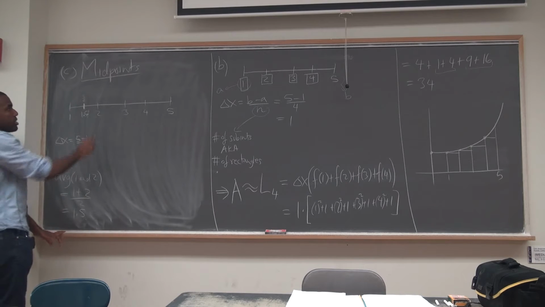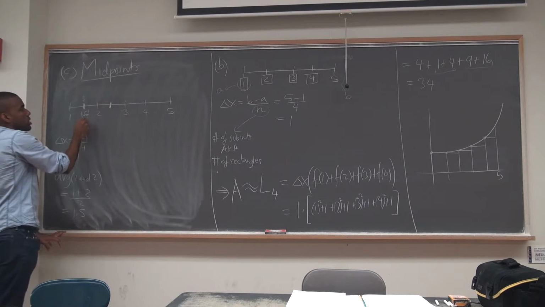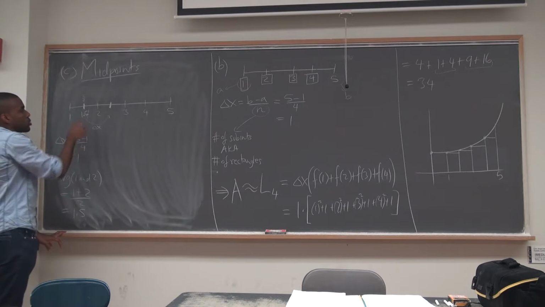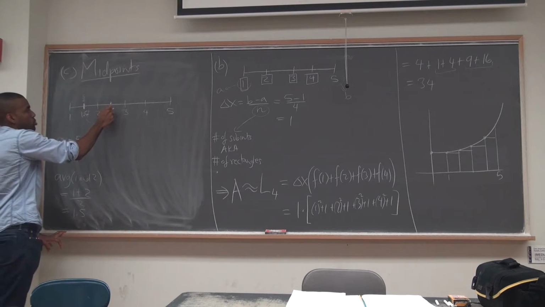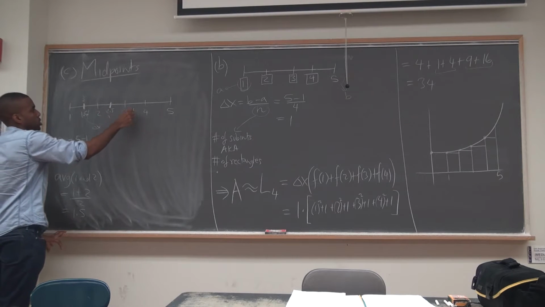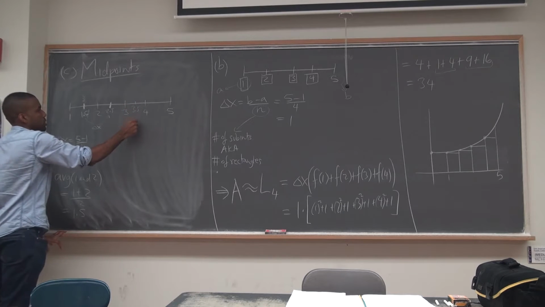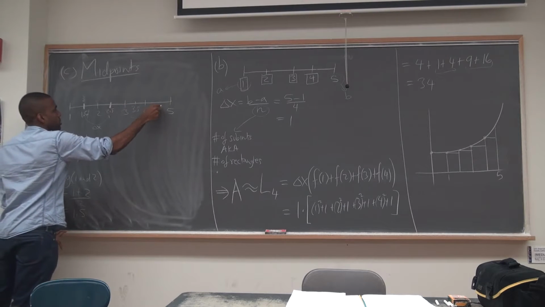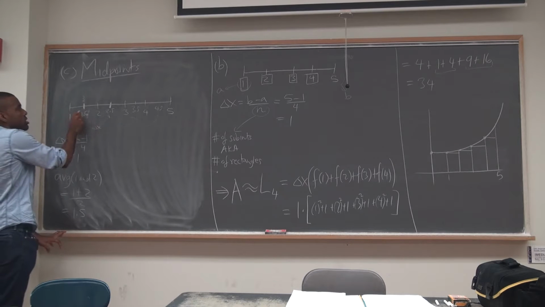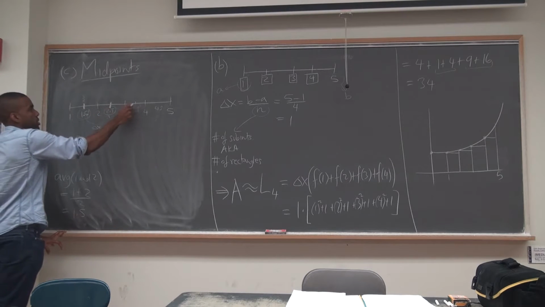Now to jump to the next middle point, you're still adding a delta x. So 1.5 plus 1 gives you 2.5, plus 1 gives you 3.5, plus 1 gives you 4.5. These are the numbers that I'm going to be plugging into my function.